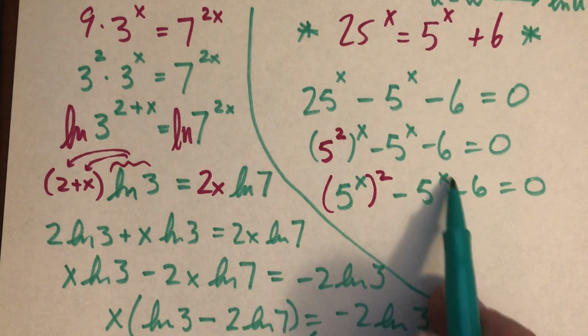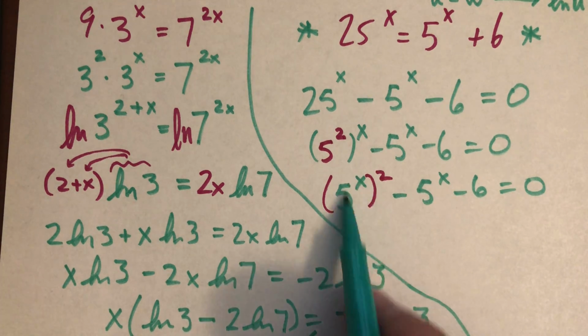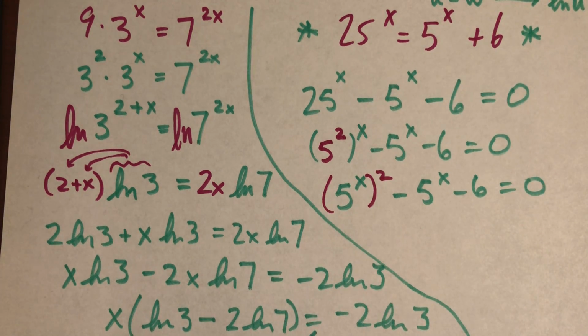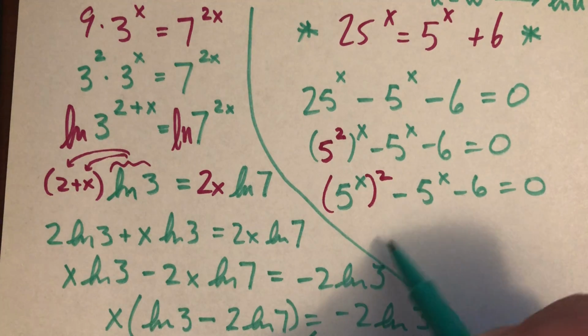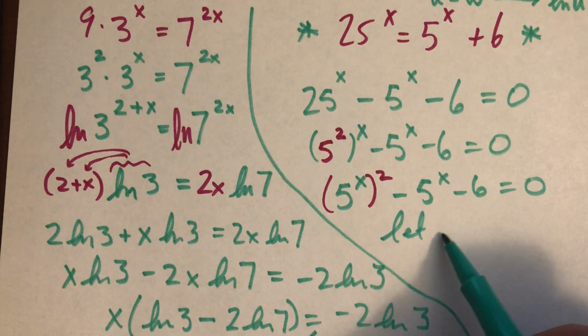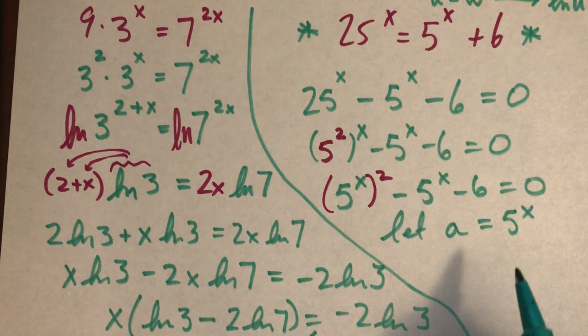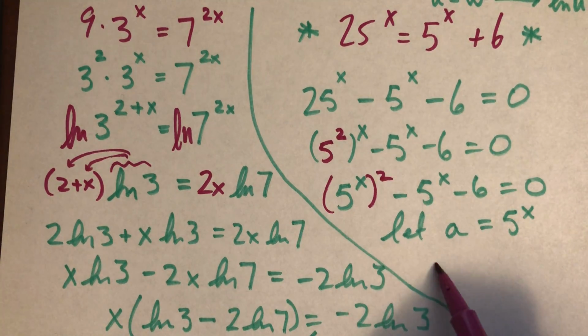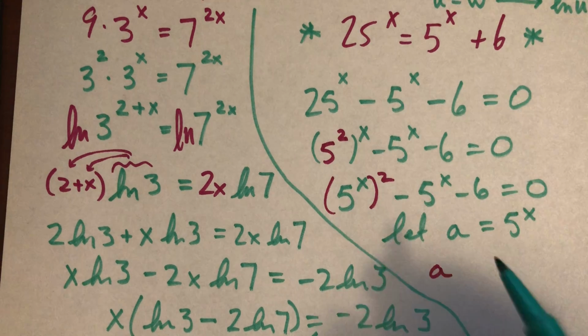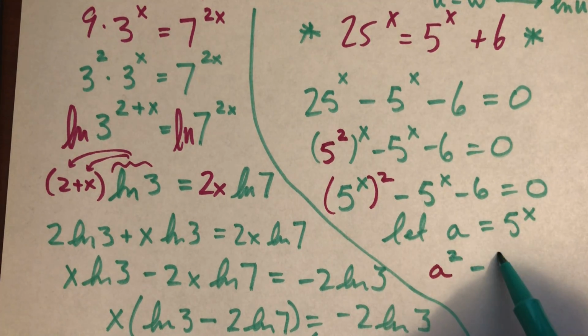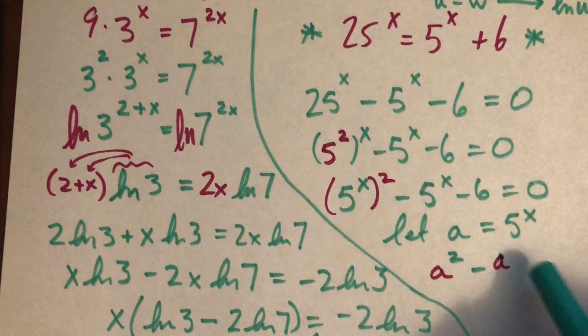We've got a variable part and then the square of that variable part. So this has quadratic form, right? So if we let maybe another variable a equal 5 to the x, then we can rewrite this thing as a squared minus a minus 6 equals 0.